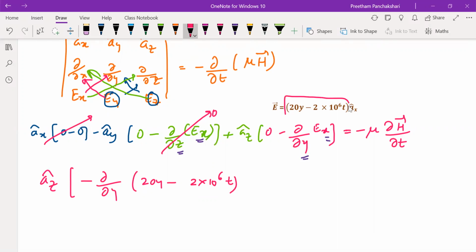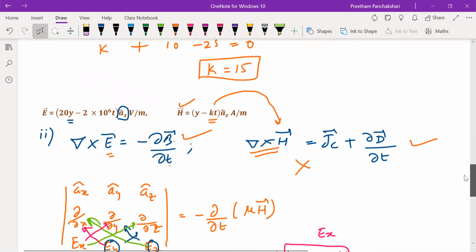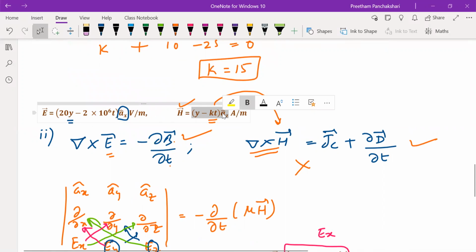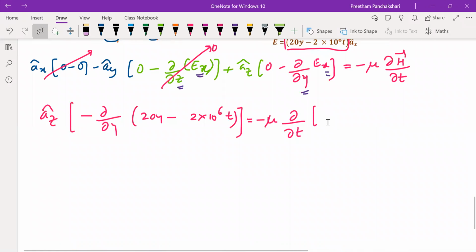So this complete term, the coefficient of A cap Z, is equal to minus mu dou by dou t of H. Let us copy H from the problem. Here is H, the complete vector. Ctrl C, place it here itself, Ctrl V. That is H.